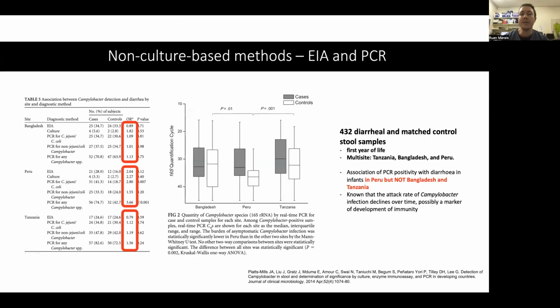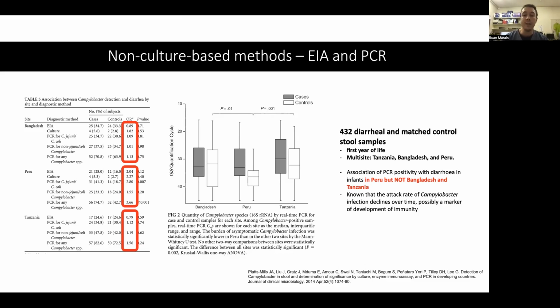So non-culture based methods may have benefits, but they're not necessarily better than culture, specifically because detecting DNA for Campylobacter does not necessarily mean disease. In a study where they looked at 432 diarrheal and matched control samples and did PCR, they found no association in Bangladesh and Tanzania between PCR positivity and diarrhea, in spite of control for cycle threshold value.